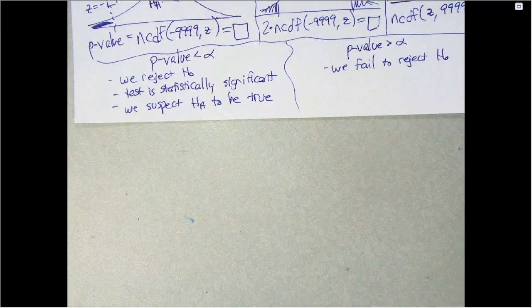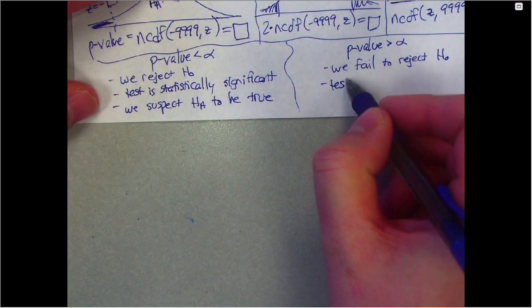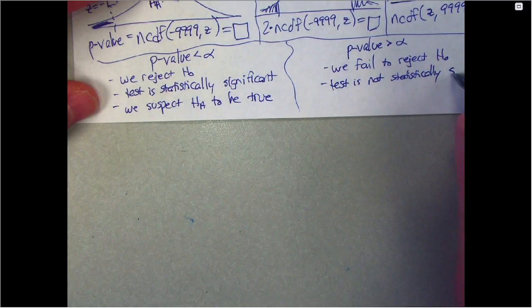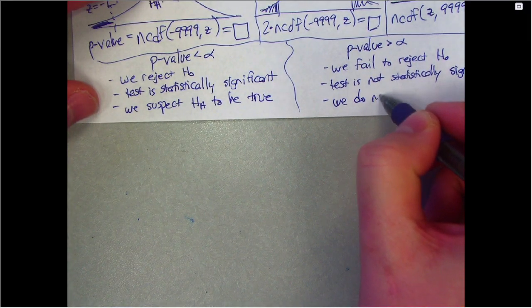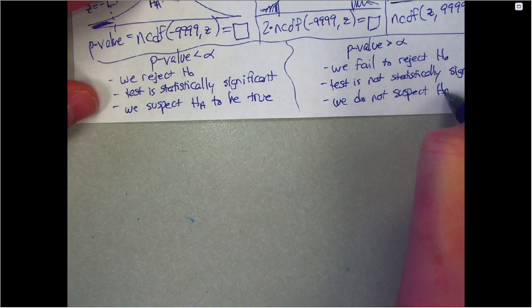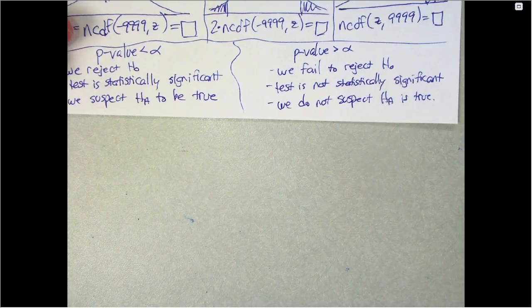Never mind, I messed up. Test is not statistically significant. I don't think I have to say that anymore today. That's nice. And we do not suspect HA is true. So I didn't prove H0 is true, but I think it probably is. I can't say it's wrong.